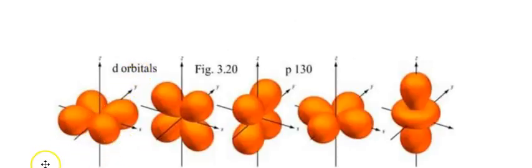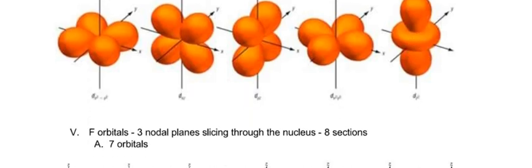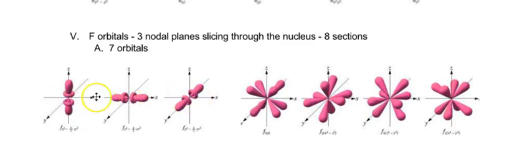Here's a nodal plane and here's a nodal plane, and you have 5 of these. With the one that has a ring, there's 1 above and 1 below, so you have 2 nodal planes there. For f's, you have 3 nodal planes slicing through the nucleus, and you have 8 sections. So here I guess we have 3 dumbbells and 4 shapes.